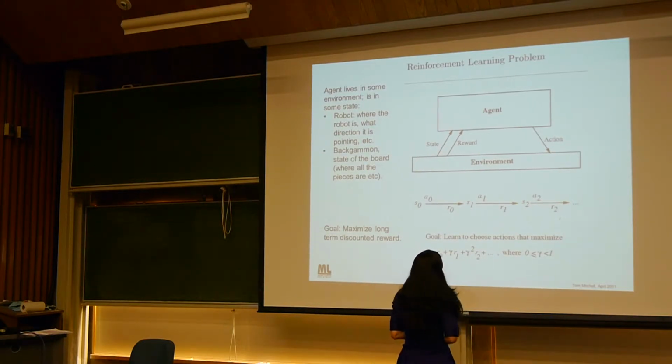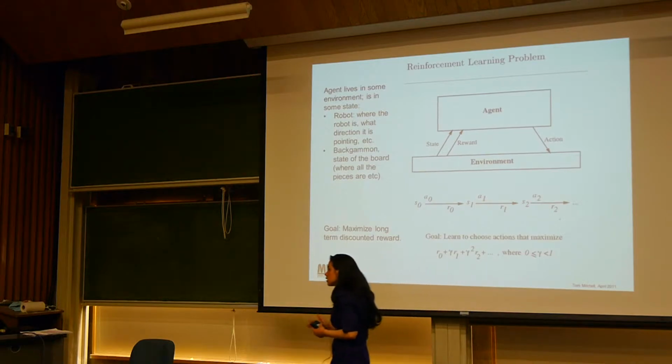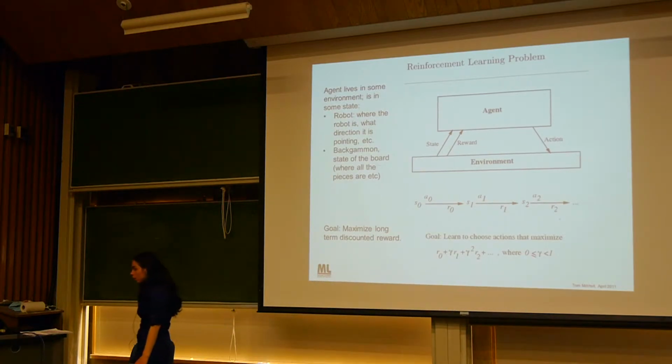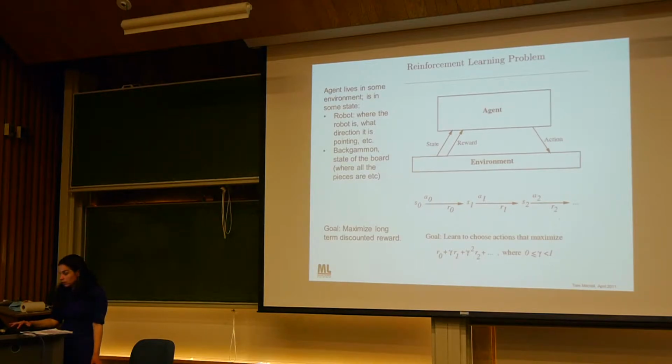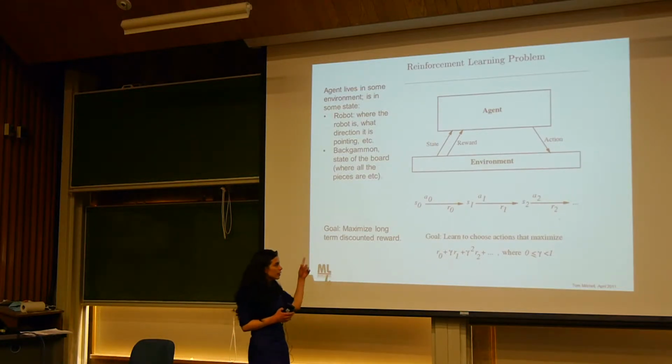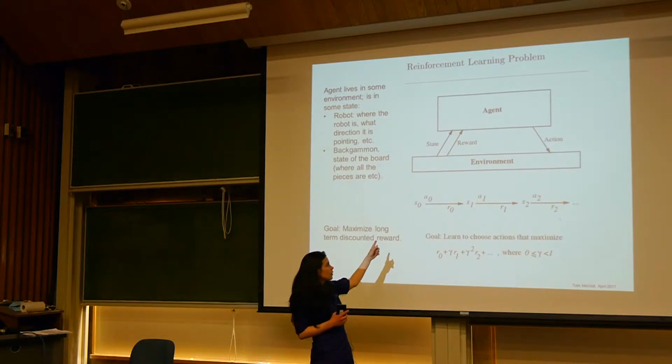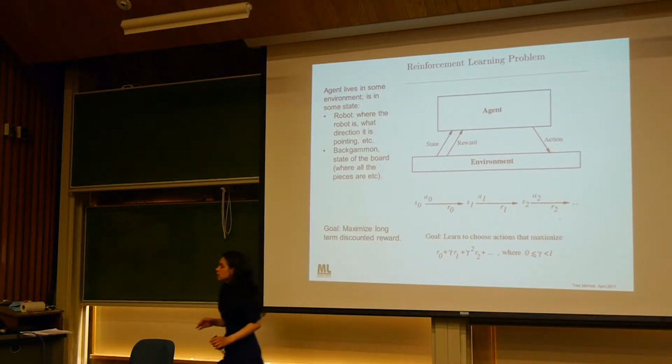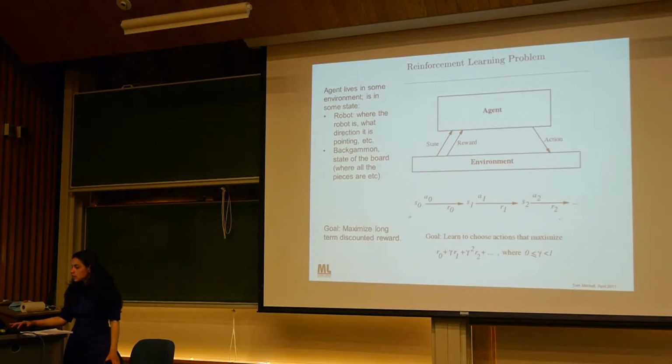What the robot wants is to maximize the long-term discounted reward. What is the long-term discounted reward? If the sequence of actions is the one I was just describing, in state S0 you do action A0, get reward R0, and so on. You enter state S1, do action A1, get reward R1, and so on.